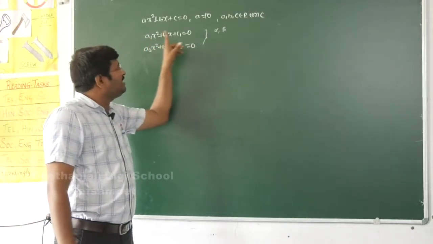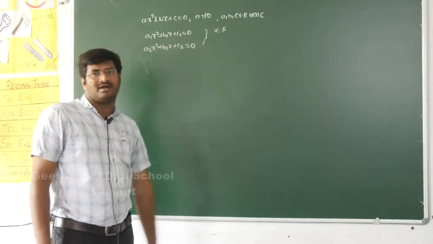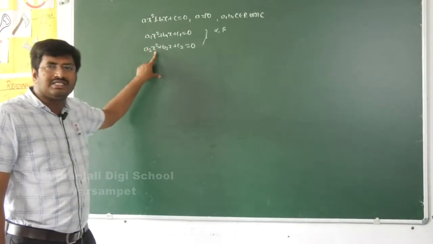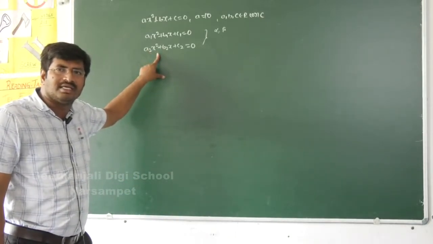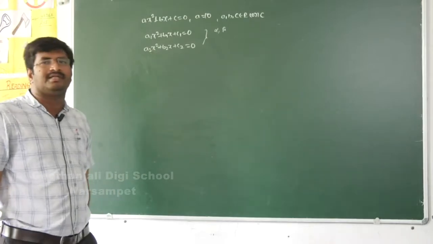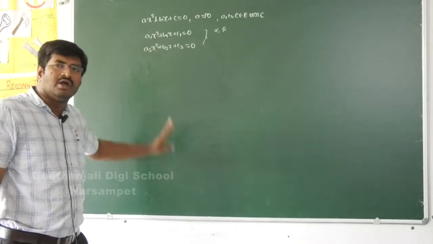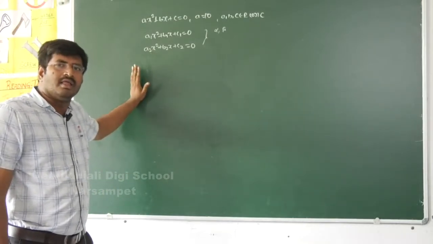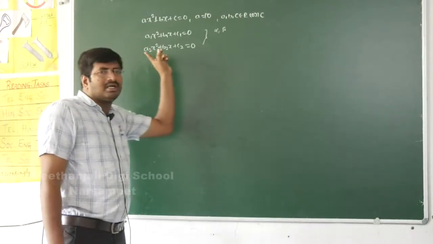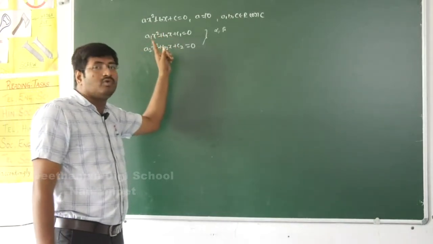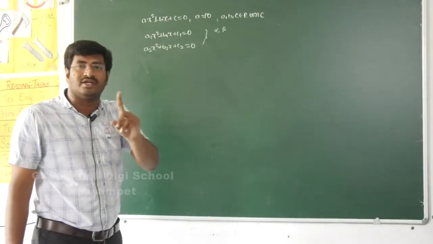The second quadratic equation a2 x square plus b2 x plus c2 is equal to 0 also has two roots. One more condition is that both quadratic equations have one root in common.